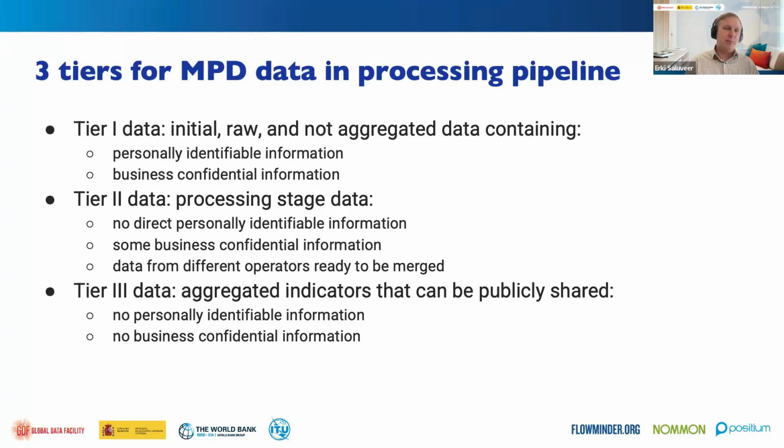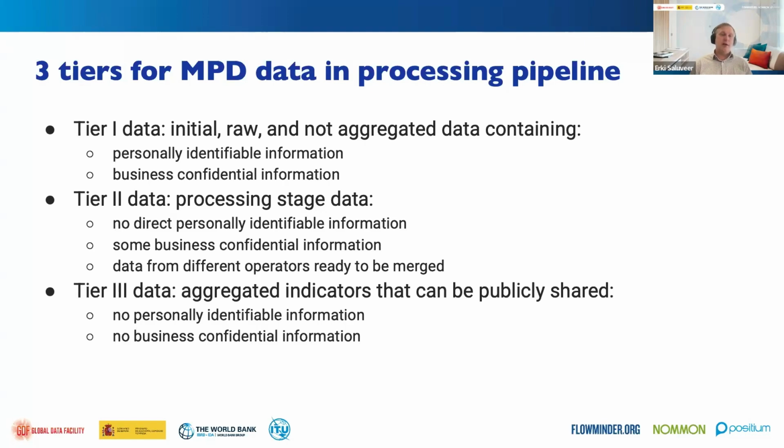So the tier 1 data is the initial raw data, which is not aggregated and contains the personally identifiable information. And it also includes the business confidentiality information from the mobile network operator. So this is the most sensitive data. The tier 2 is when the data is already pseudonymized.